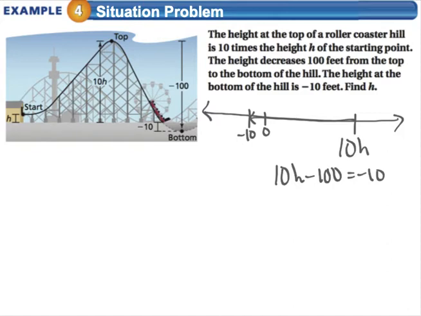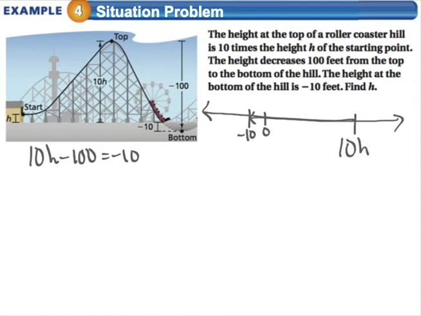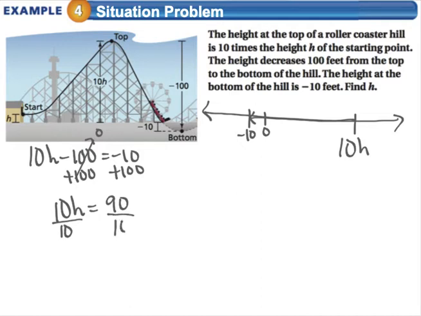This actually is the equation we're going to solve. We start at 10h, we go down 100, make it to -10. So in solving for h here, I need to add 100 to both sides. And that gives me 0 here. So 10h will equal 90. I can divide by the 10 here. And it says that h equals 9.